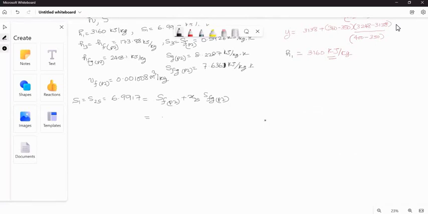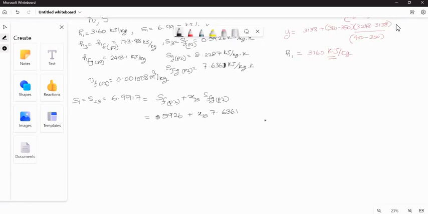The values of SF at P2 you can read directly from the table. You can check with the table later, because I don't have time to show it in parallel. Some of you have asked me how to show you the table, right?